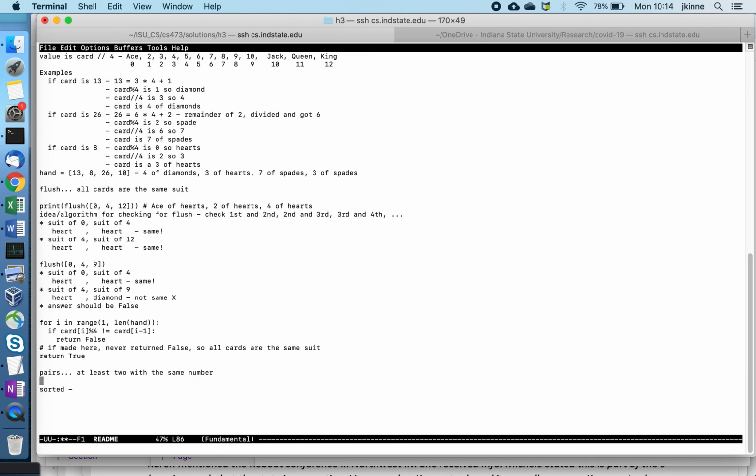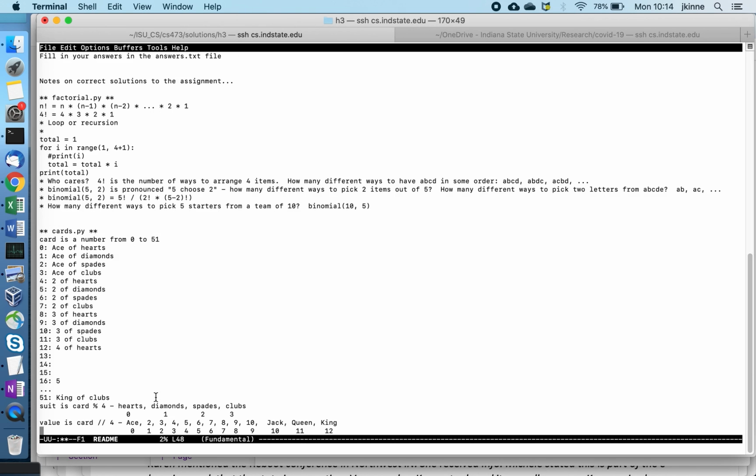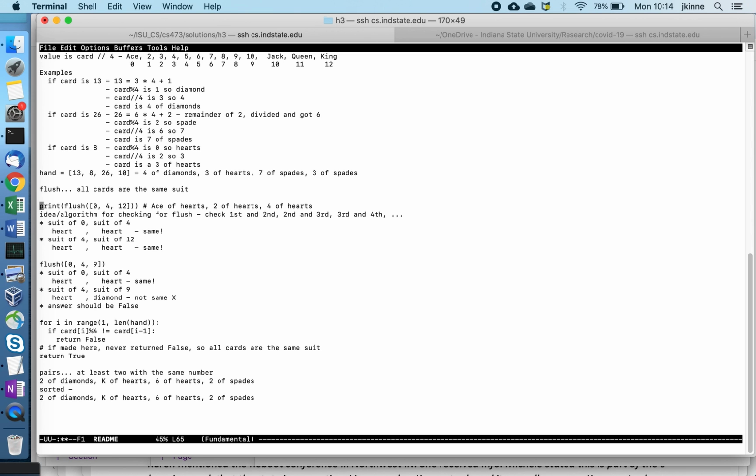So if I put these in my order, let's see, 2's less than all of those, and which one comes first in the order, diamonds or spades? According to this, diamonds comes before spades. So if I order them like this, I would have a 2 of diamonds, then a 2 of spades, then a 6 of hearts, then a king of hearts.